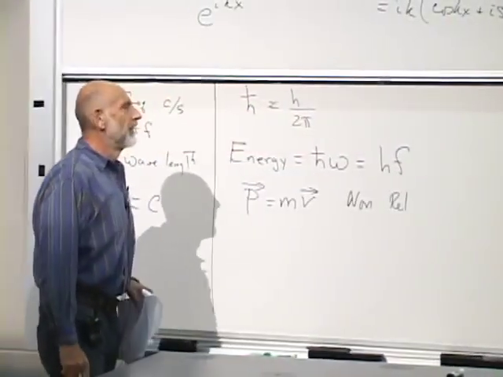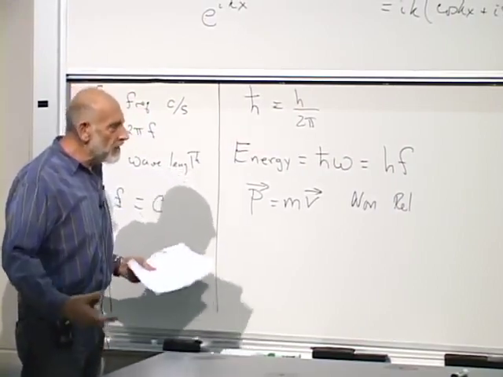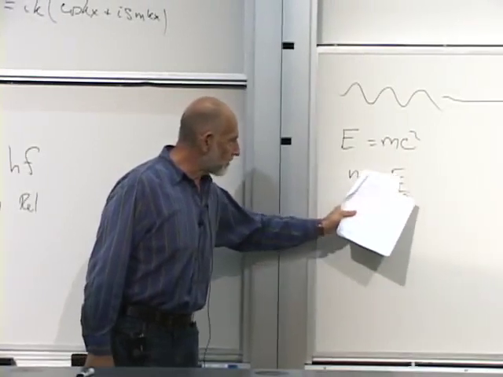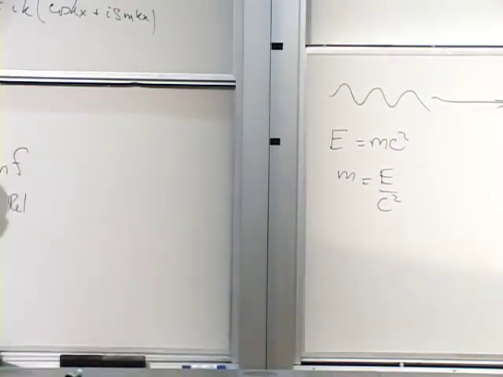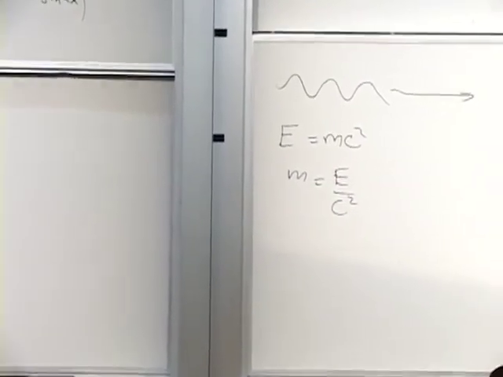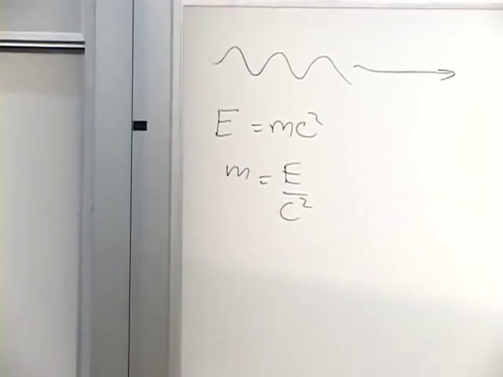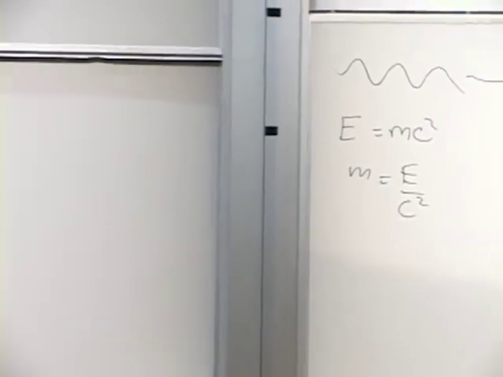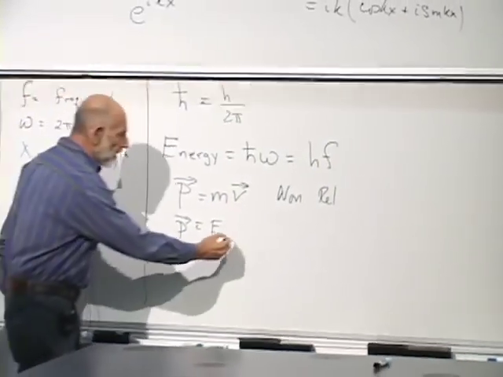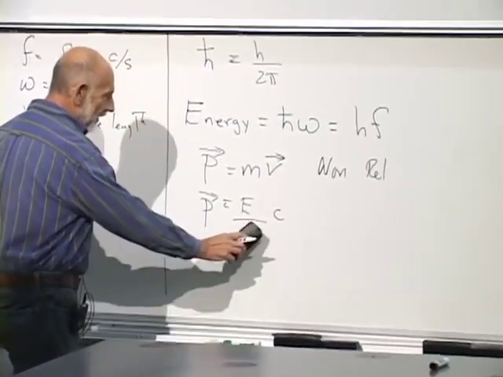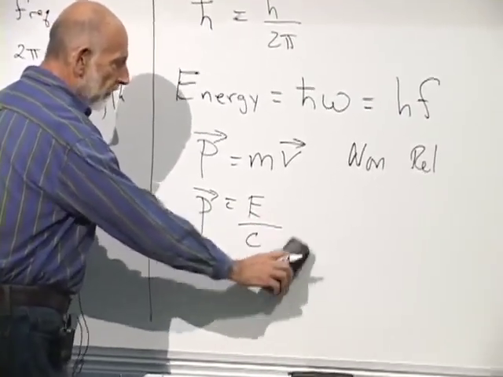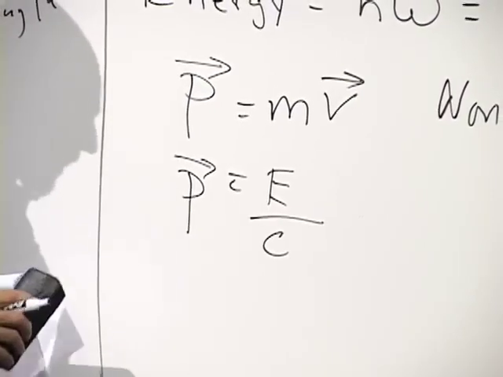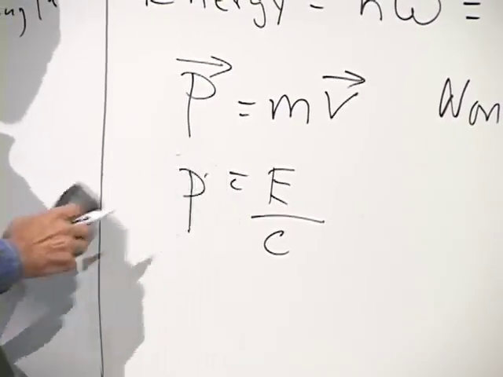Now, if I inappropriately ascribed to a photon a mass equal to its energy divided by c squared, and then said that the velocity of the photon was c, in fact, somewhat accidentally, I would get the right answer for the magnitude of the momentum. This should be read as the magnitude of the momentum.